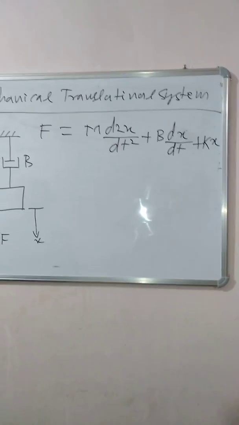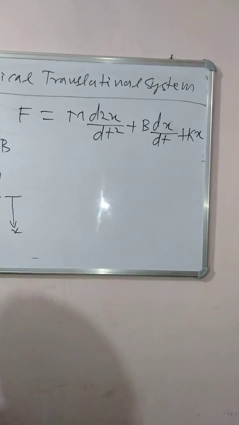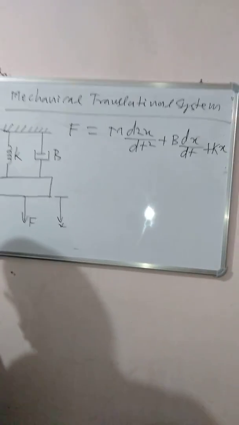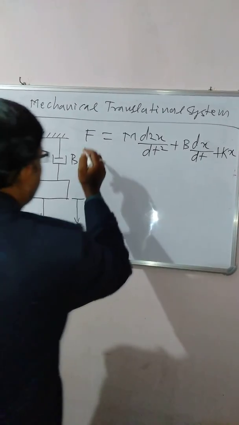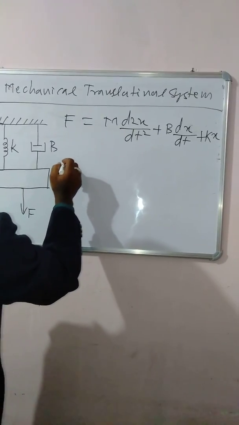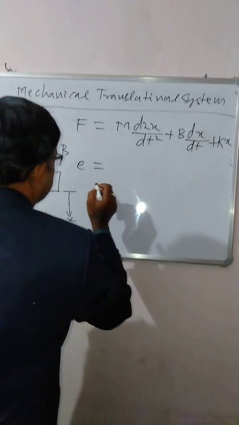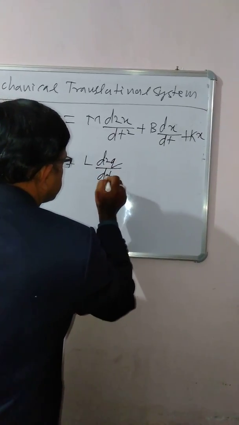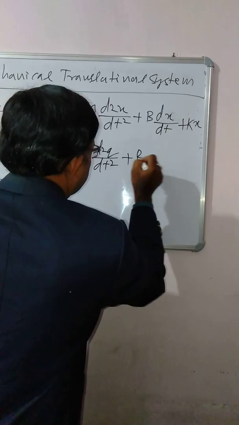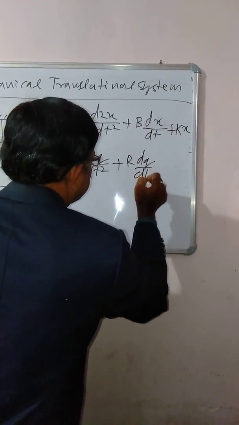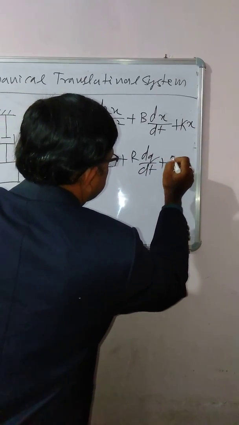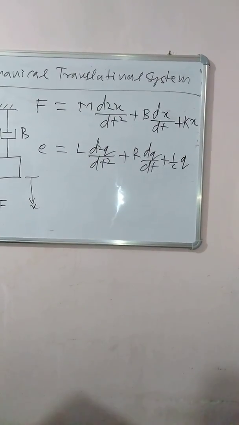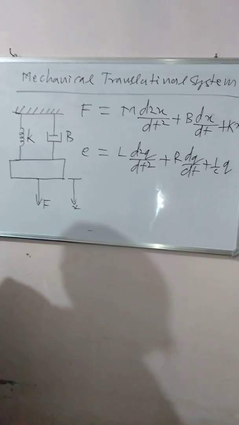For both systems we have two differential equations: one is F is equal to this, and for the electrical system E is equal to L d square q by dt square plus R dq by dt plus 1 by C q. I already told you what an analogous system is.